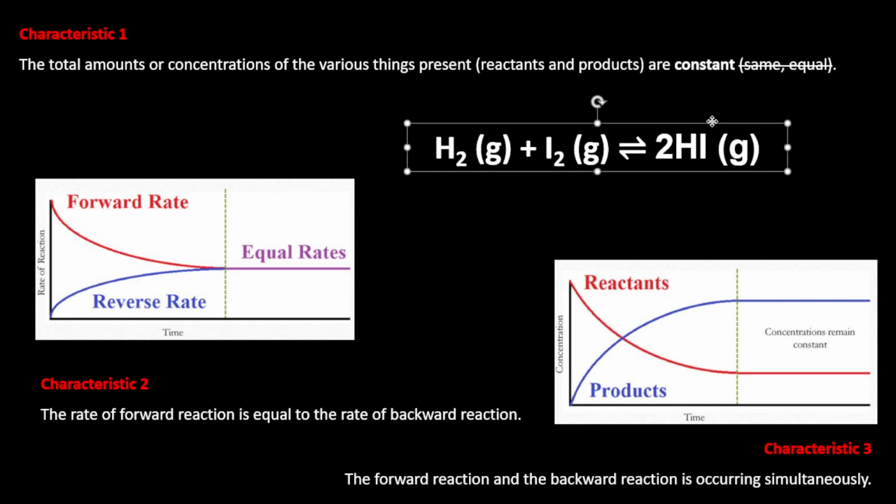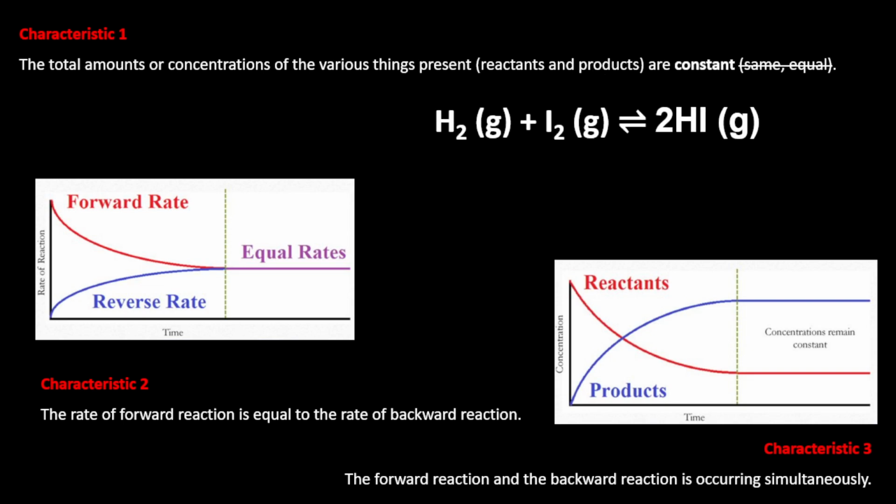Let's take a look at this. At the beginning of the reaction, the reactants will be 100% because nothing has reacted yet, and your products would be 0%. So your reactants are 100% now, and your products are 0%.